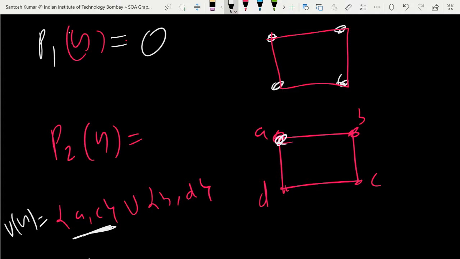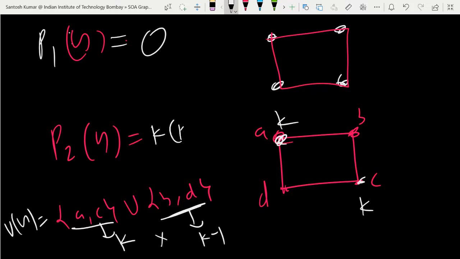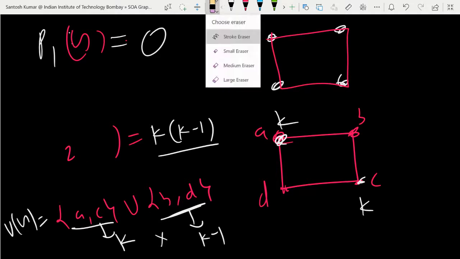For A and C you have k choices, because if you give a color to A, you have to give the same color to C. So A and C have the same choice. For this position, A and C, you have k choices, and for this one you have k minus 1 choices. Using the multiplication rule of counting, you can color the vertices in k into k minus 1 ways. That is not P2, actually I want to write that it is K2.